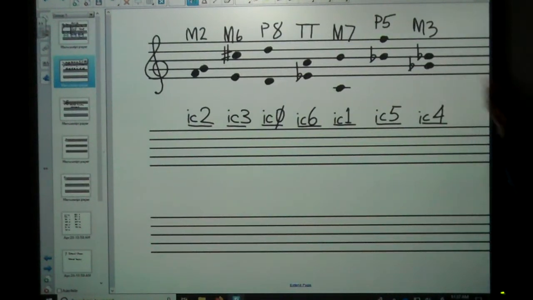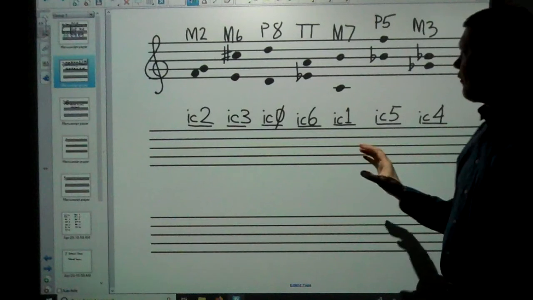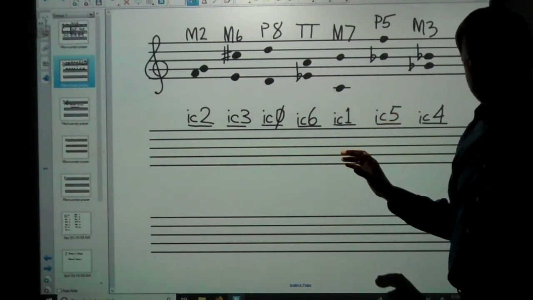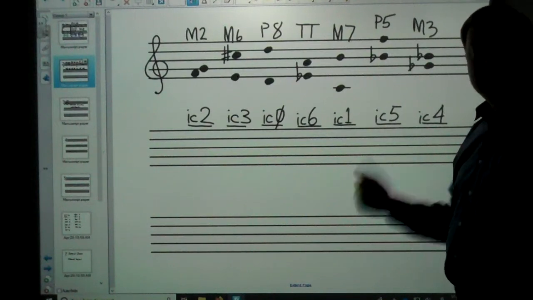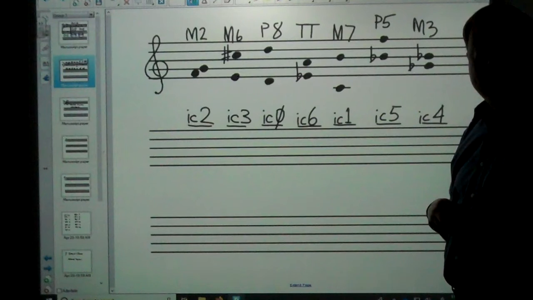So therefore, a major 3rd belongs to interval class 4. Okay, so this is just the information, again, about what an interval class is and how to calculate an interval class. These are necessary things to know before we move on to what's called an interval vector, which I will start discussing now.